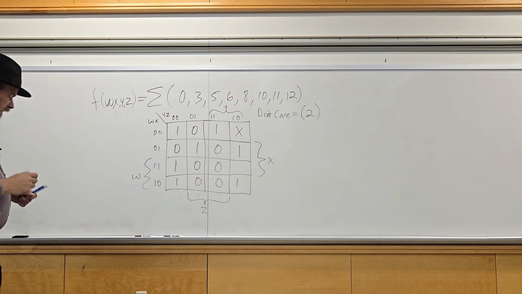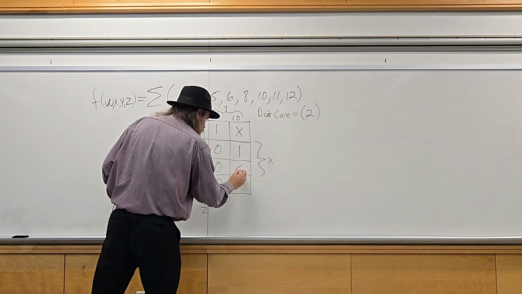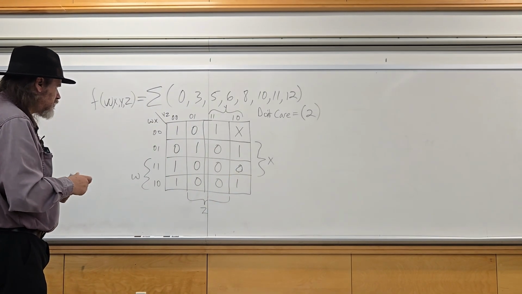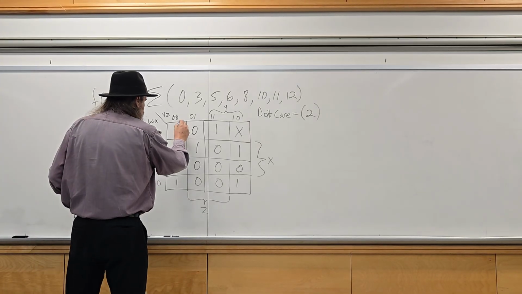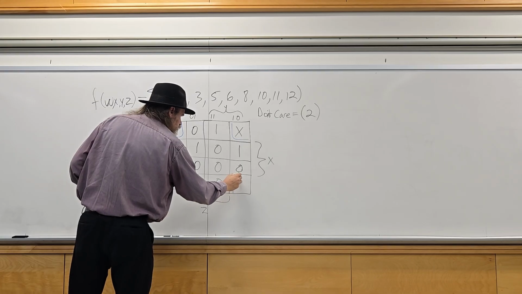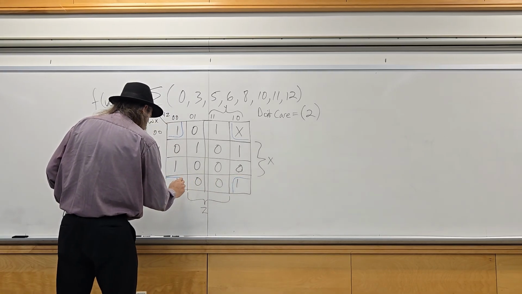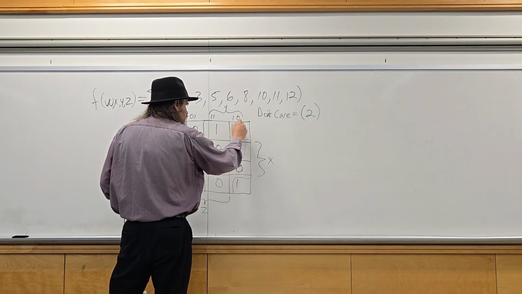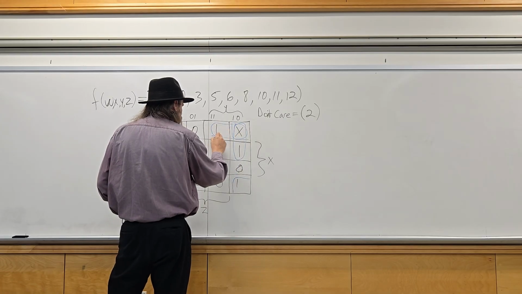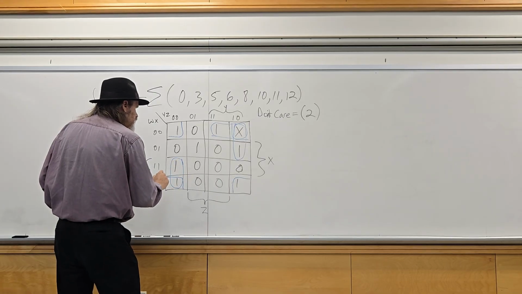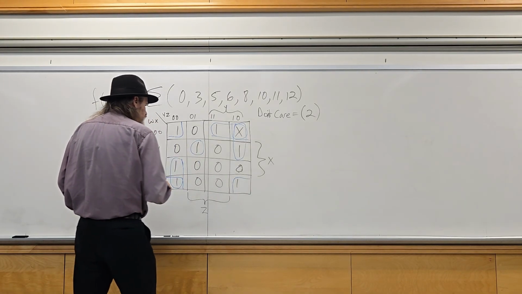Okay. So now that we have the K-map drawn out, we can do our grouping with the corners. The don't care in this one, don't care in this one, and these two, and this one is flying solo.